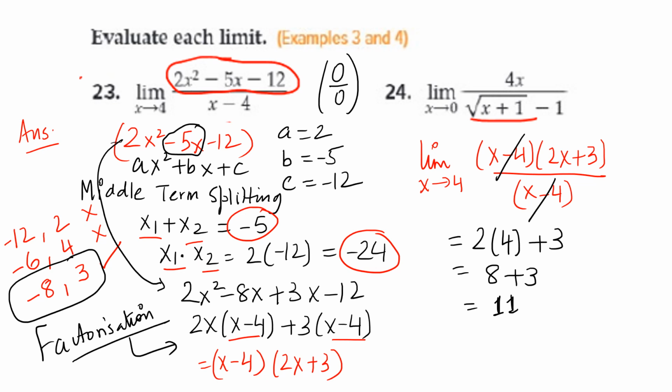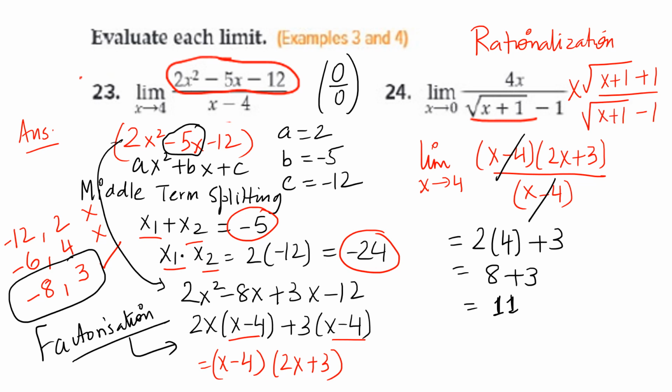For question number 24, as I have already told you, you will do rationalization, in which you multiply the numerator and denominator with the conjugate. If there is a negative sign, you multiply with a positive sign. If there is a positive sign, you multiply with a negative sign. That's what rationalization means.